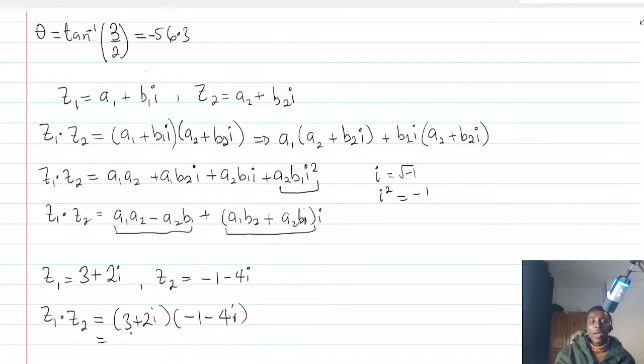Now I will get 3 multiplied by minus 1 minus 4i, plus 2i multiplied by minus 1 minus 4i.